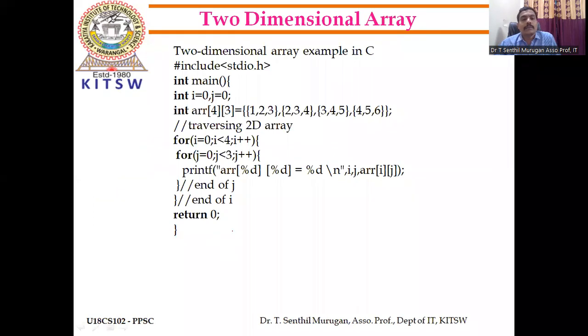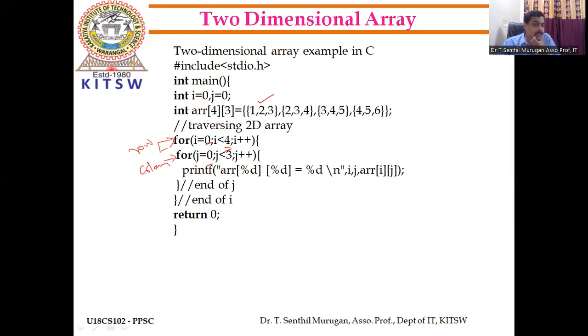So this is a simple example program. As discussed, we initialized the values with 4 rows and 3 columns. How can we print it? We can use nested for loops, one with variable i and another with variable j. The outer for loop represents the row and the inner for loop represents the column.